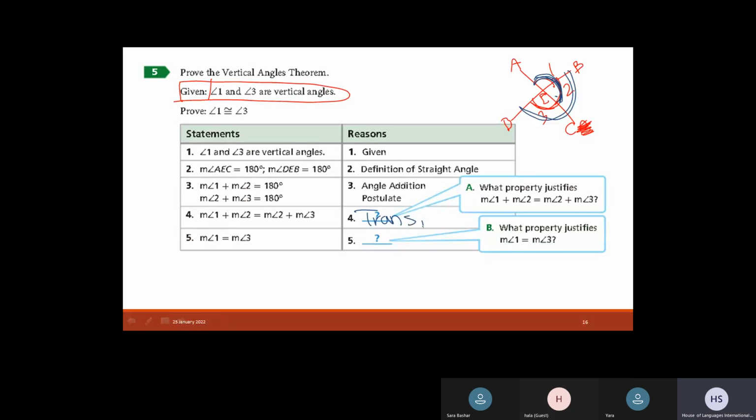So because of the transitive property. And then, if 1 plus 2 equals 2 plus 3, can we say that 1 equals 3? Subtraction property of equality. Bravo. Because of the subtraction property of equality. So easy.